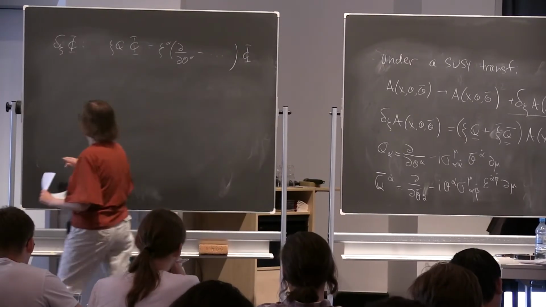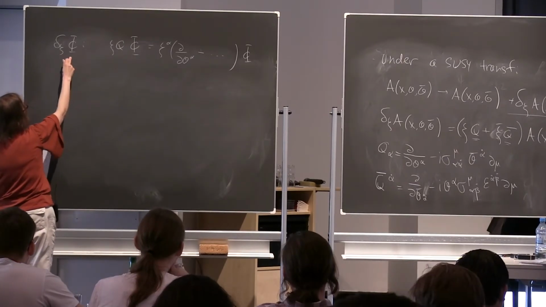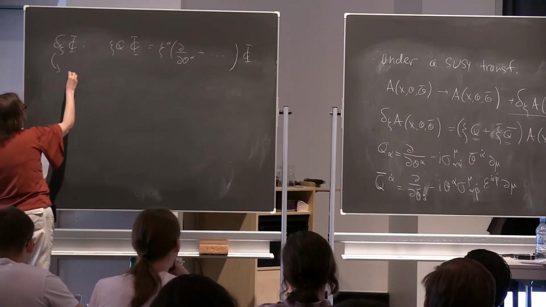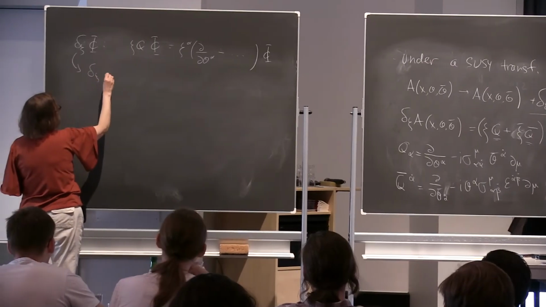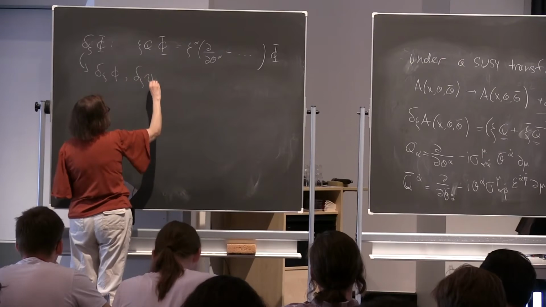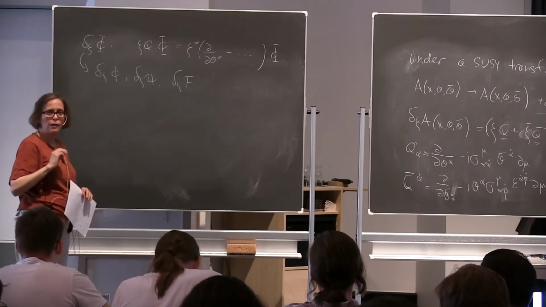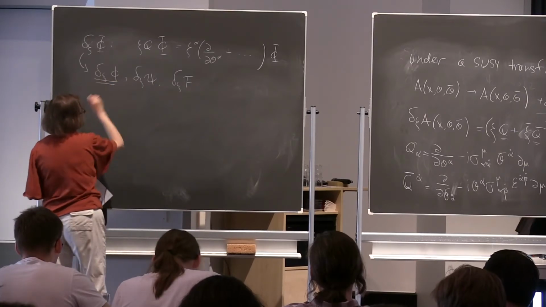From this transformation, I should get delta xi of the scalar field, delta xi of the fermion field, and delta xi of f.